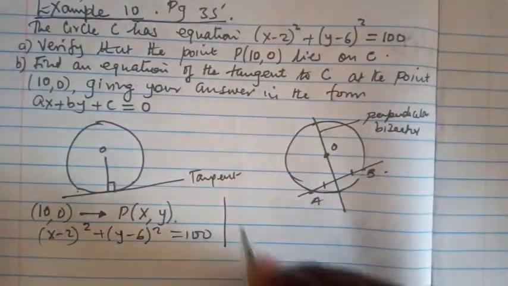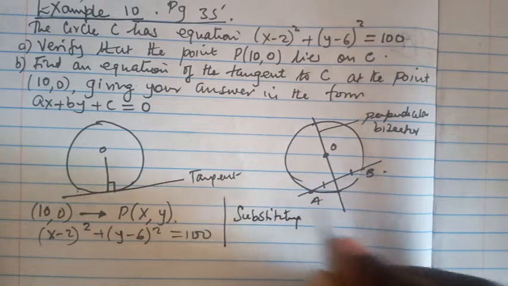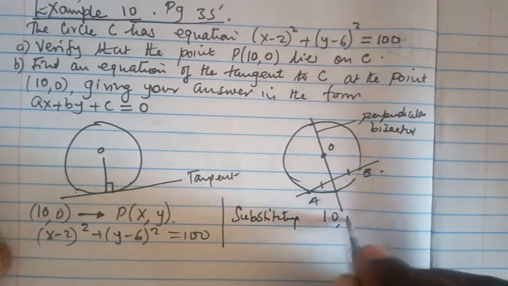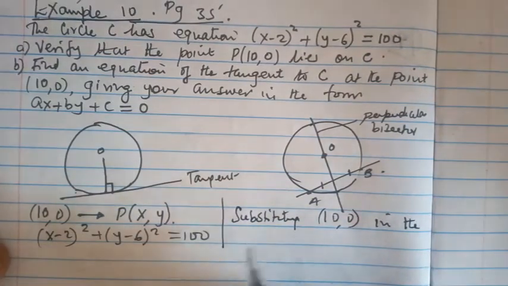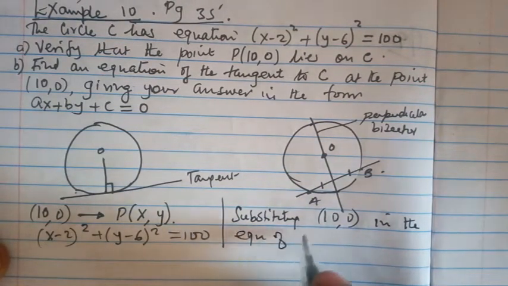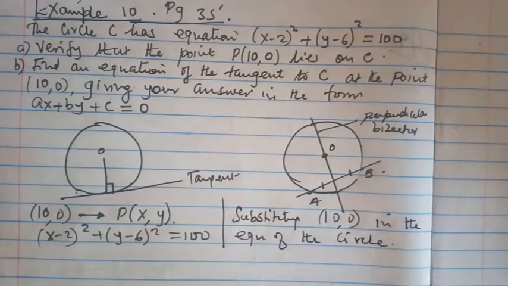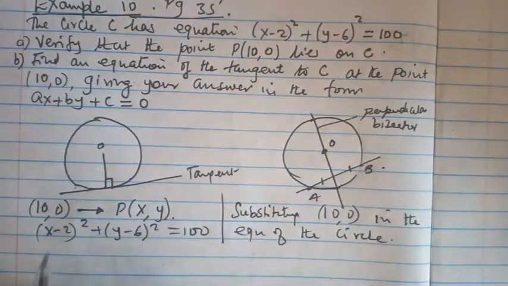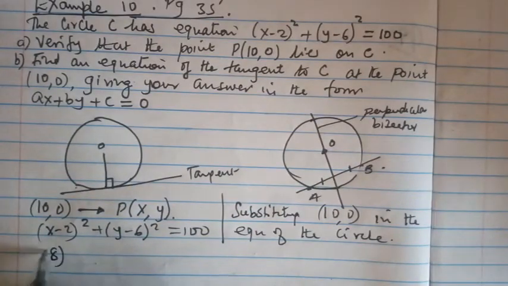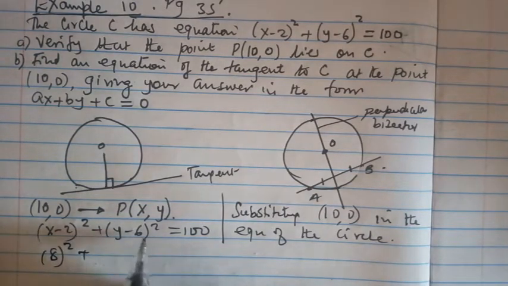So what do we do? Substituting 10, 0 in the equation of the circle, x is 10, y is 0. What does that mean? 10 minus 2, which is 8, squared, plus 0 minus 6, which is minus 6, squared.